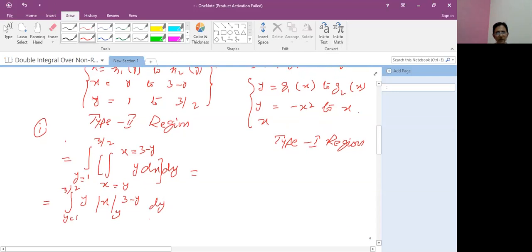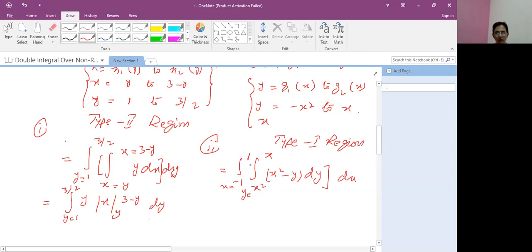And for the second part, it is minus 1 to 1. It is the limit of x because it is constant when we consider type 2 region, and it is x squared to x. It is a limit of y in terms of x, and the function is x square minus y into dy into dx.